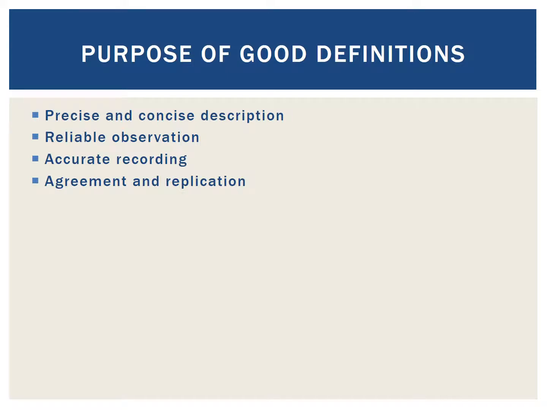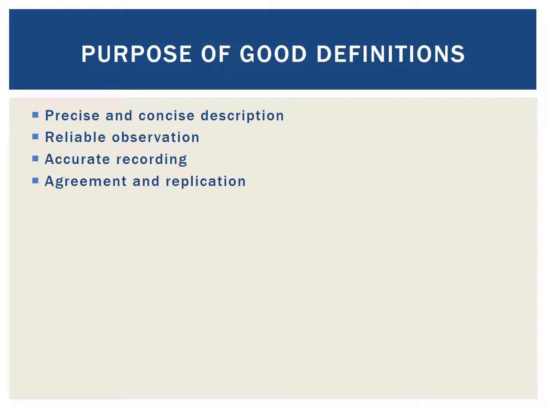When we talk about observation systems and inter-observer agreement, they're all built on the foundation of a good, well-defined target behavior. When you have clear, well-defined target behaviors, it enables you to be very precise in describing your data collection methods.